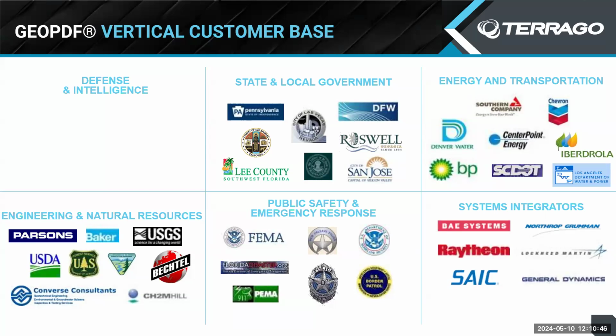We're happy to give you some more information on that. On the GeoPDF side, these are just some samples of our vertical customer base. We also work a lot of times in the utility space on this side as well. The lion's share of our customers are in defense, intelligence, and public safety, I would say.